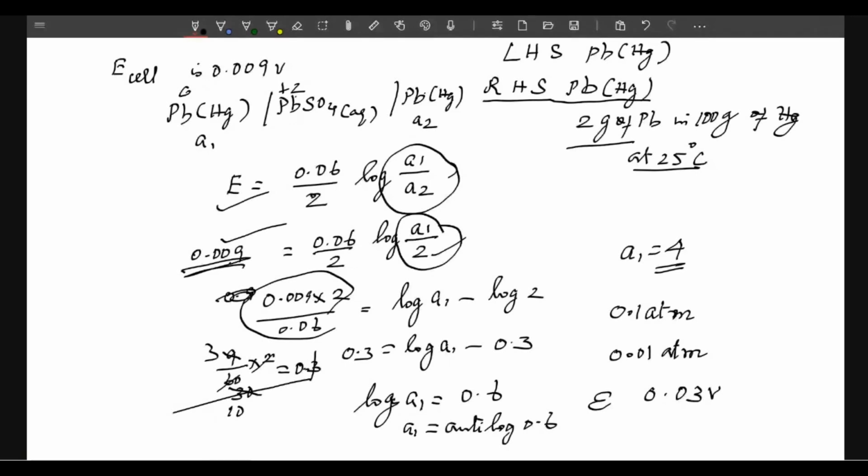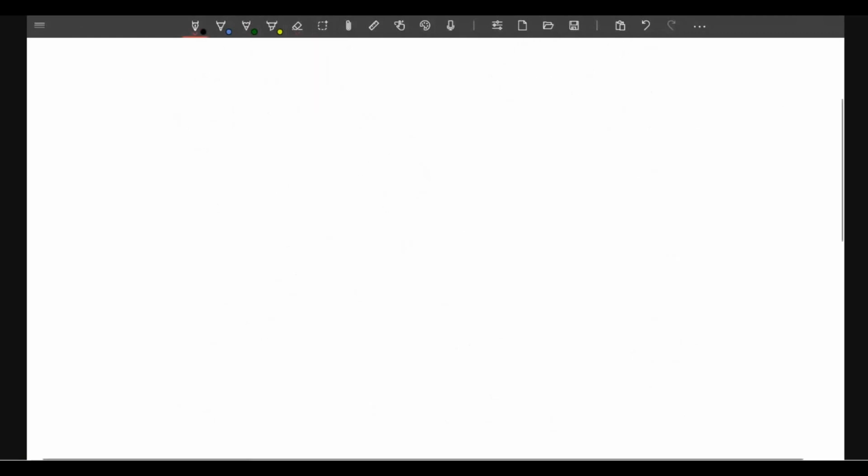Okay. Now let us wind up this section. We have worked out the possible questions in this section. Now we will see the electrolyte concentration cell. The electrolyte concentration cell is once again subdivided into two.